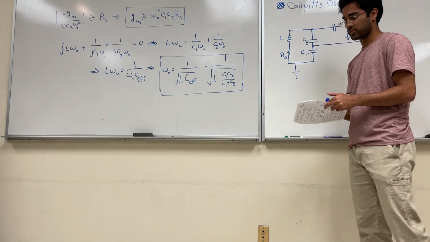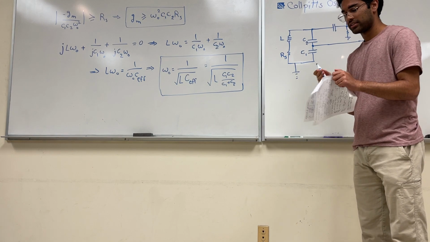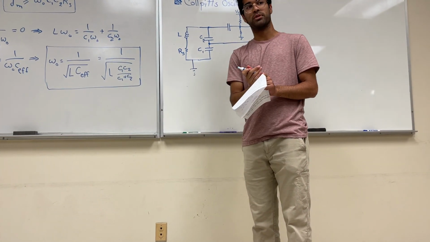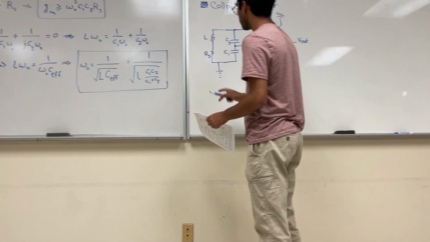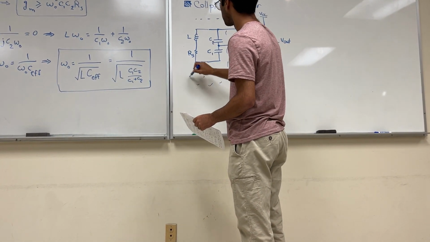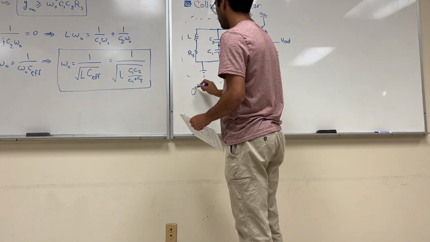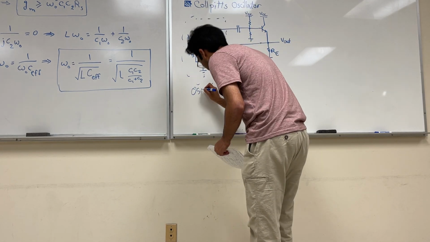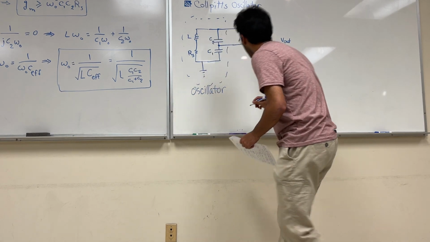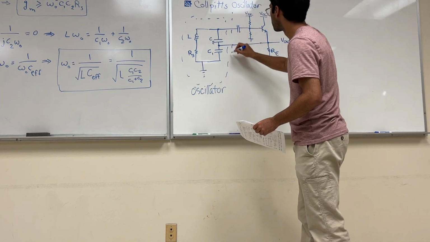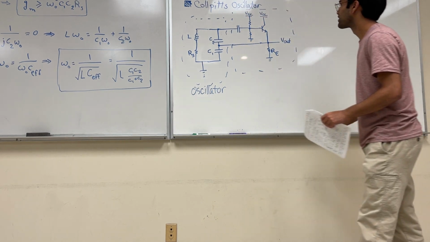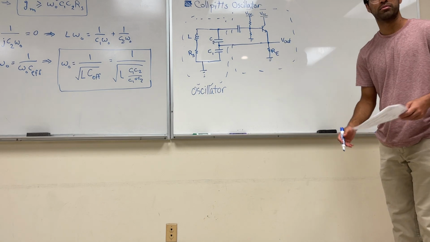So this method, we're going to look at from a systems perspective, as connecting two modules. Here's going to be your oscillator, and then of course here is your amplifier. This is a common collector amplifier, but still an amplifier.